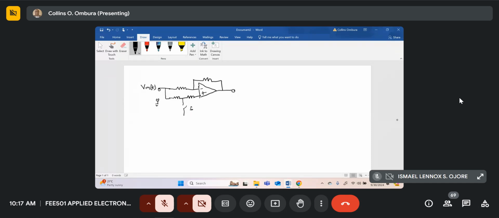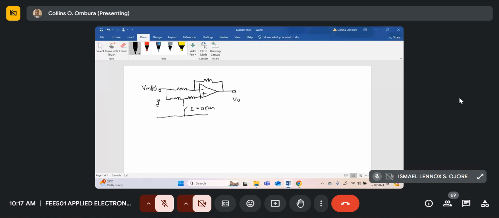So this is switch S. So here switch S is equal to open and V0.